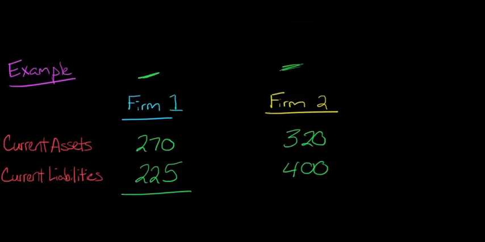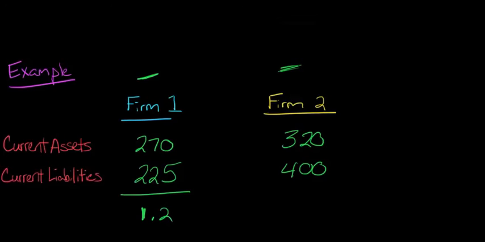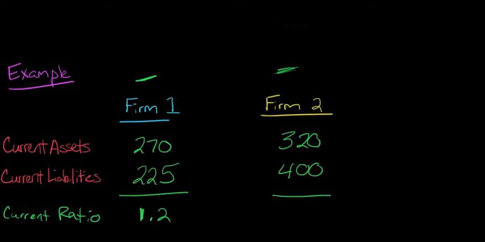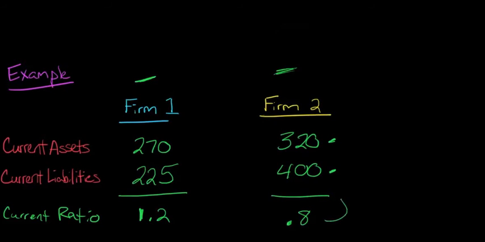For firm 1, I've already done the calculation, and the current ratio is 1.2. Let me put that over here so you don't get confused. So 1.2 for firm 1, and for firm 2 it's going to be 0.8. We just take this 320 and divide it by the 400, and that gives us 0.8.